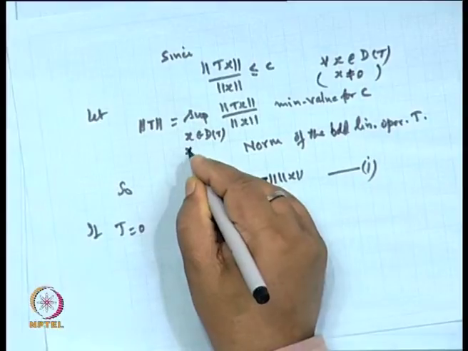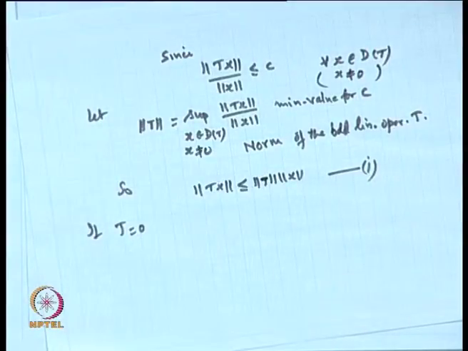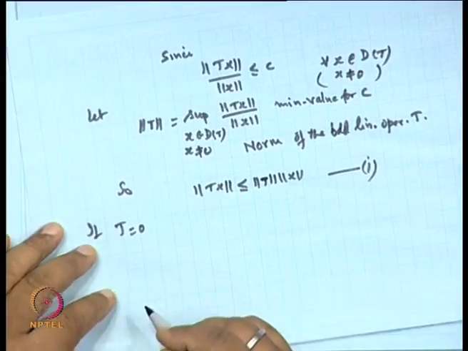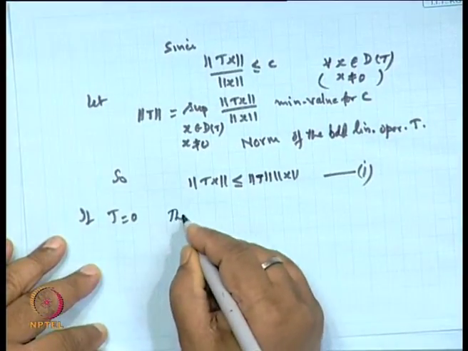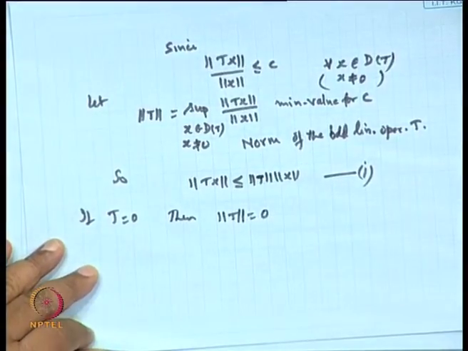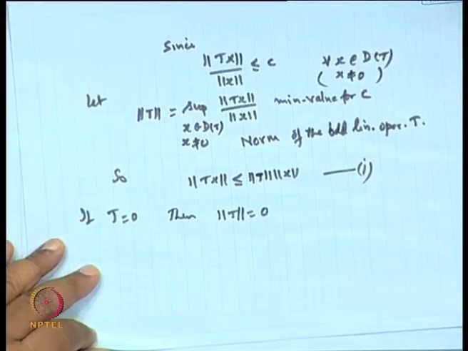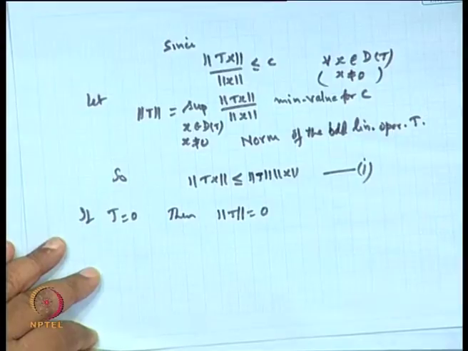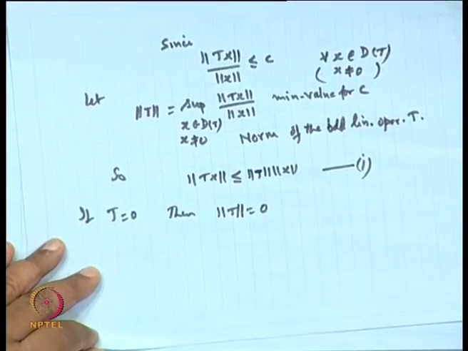If T is 0, then the norm of T is considered to be 0. In order to complete the definition, we take the norm of T equal to 0 when T is 0.